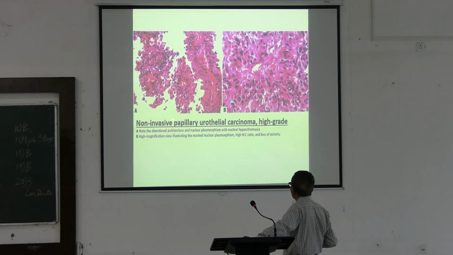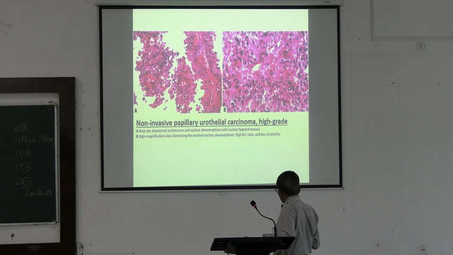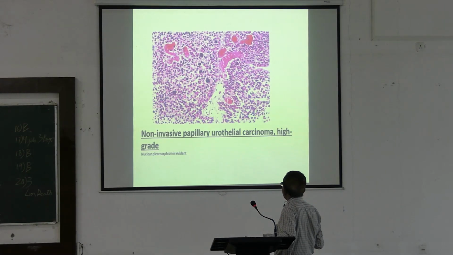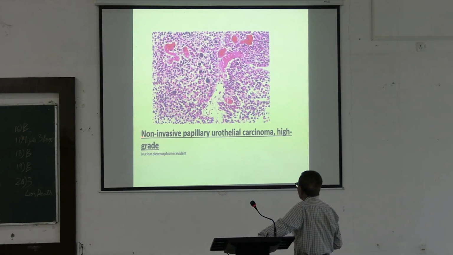Note the disorder of architecture and nuclear pleomorphism with nuclear hyperchromasia. Non-invasive papillary urothelial carcinoma, high grade. Pleomorphic urothelial cells.